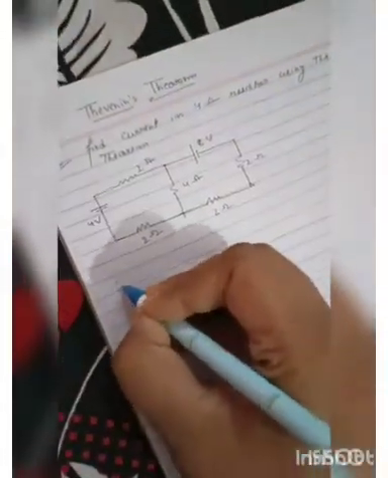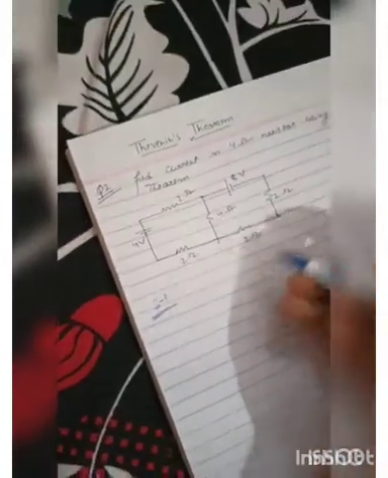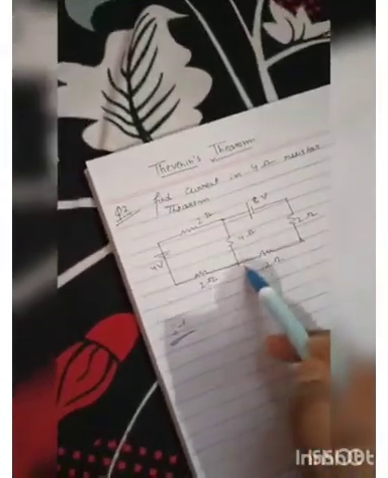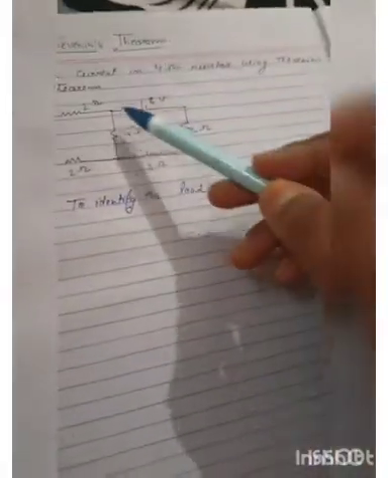The first step of Thevenin's theorem is to identify the load resistor and remove it from the circuit. We will identify the load resistor, that is 4 ohm.